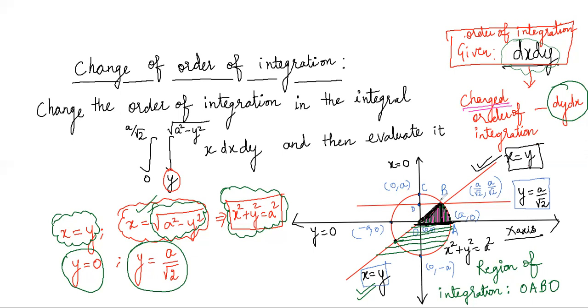These are the points. But after this point B, if you see this strip which is in black color within this region of integration, this shaded region which is in green, and these pink are all strips which are parallel to y-axis, and this black is a strip which I have highlighted in black color.